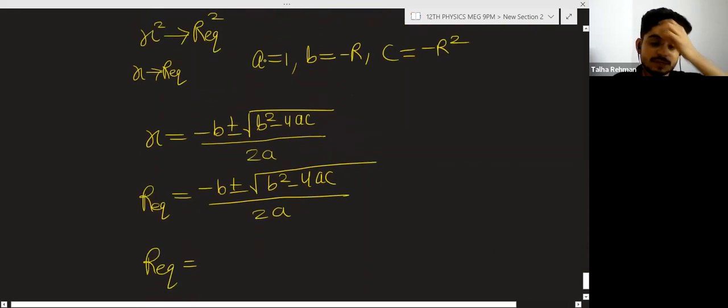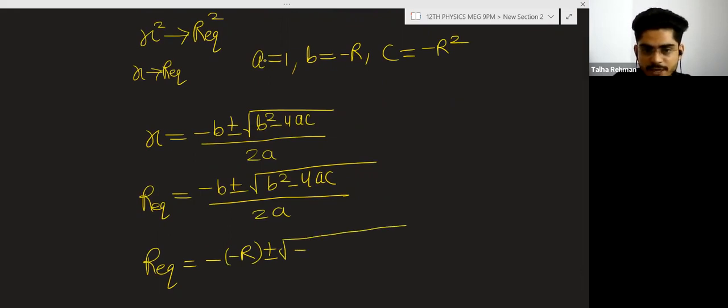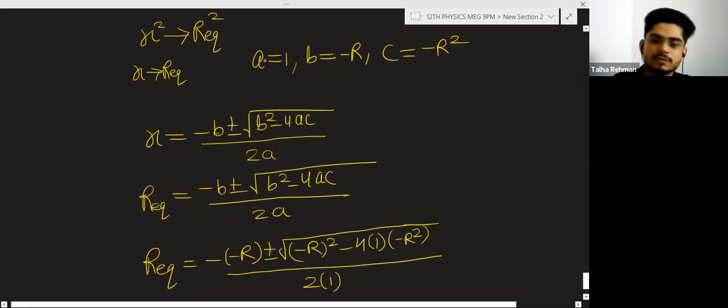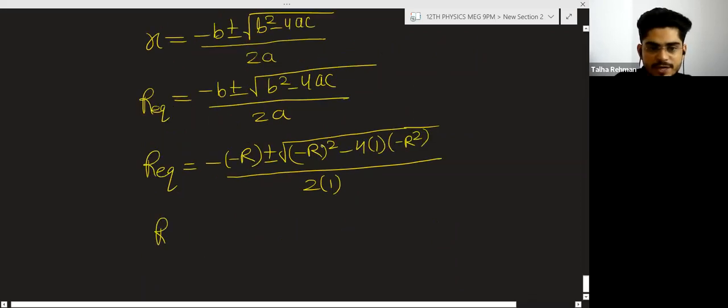Minus b is minus r, plus minus b square is minus r square, minus 4, a is 1, c is minus r square, and this is 2, a is 1. So when you calculate, you will get r plus minus.